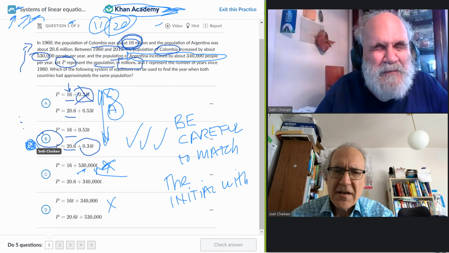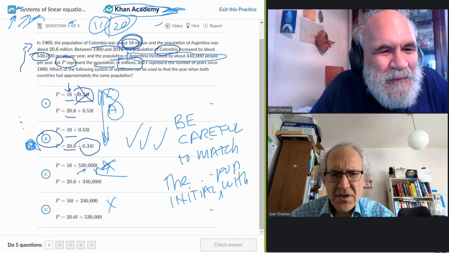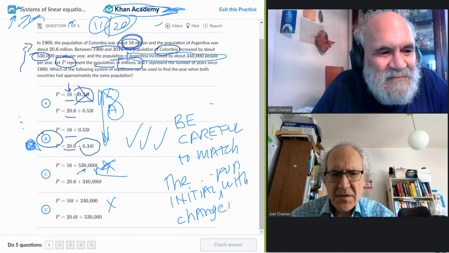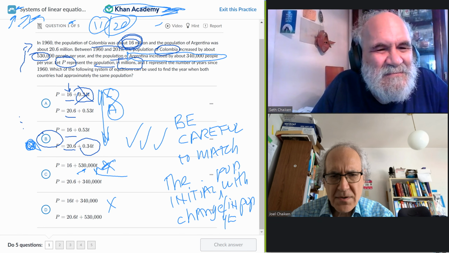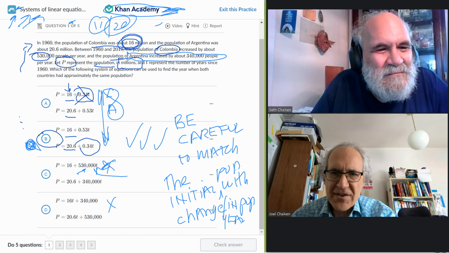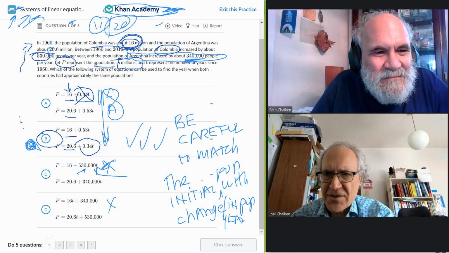Be careful to match the initial population with the change per year in population. You have to be really, really careful. What I did is I looked at Argentina at 340,000, and then I looked at Argentina at 20.6, so the 20.6 and the 340 have to go together.